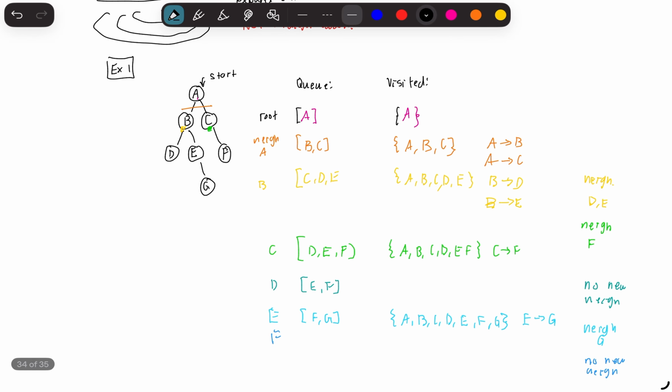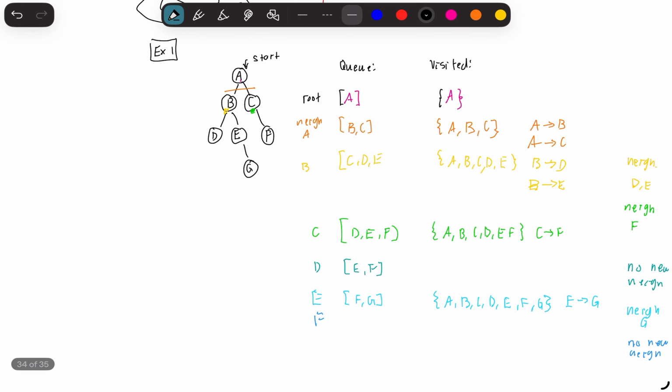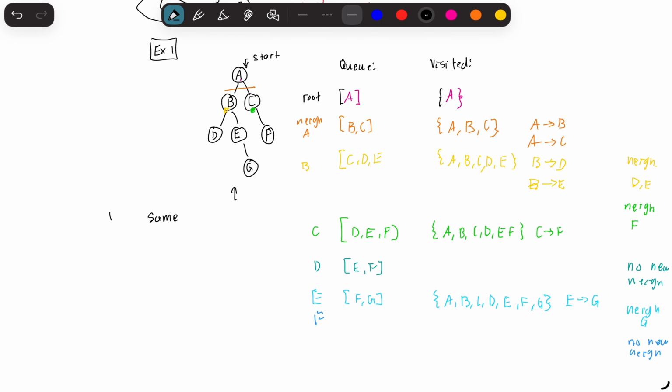So what we can see is our final tree will look exactly the same as the original graph, but this is a coincidence. Because a BFS tree only contains the edges that we used when discovering the nodes.